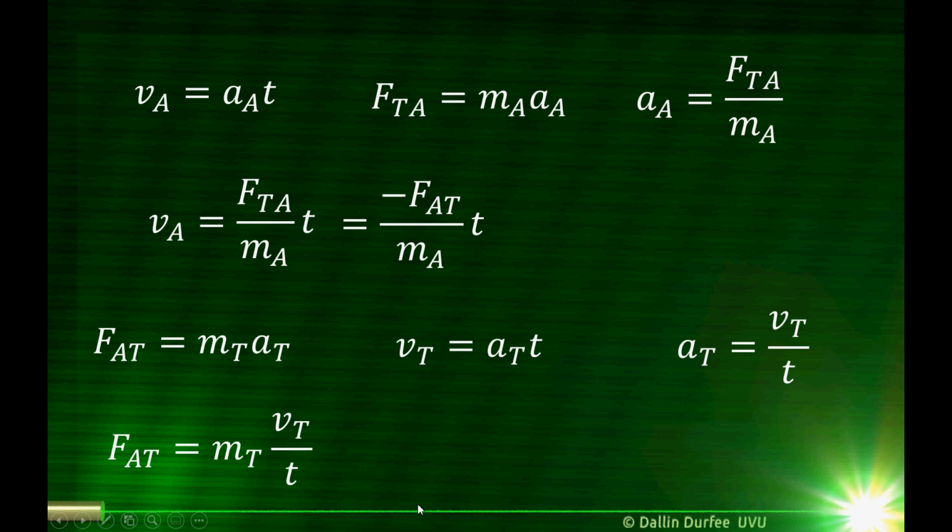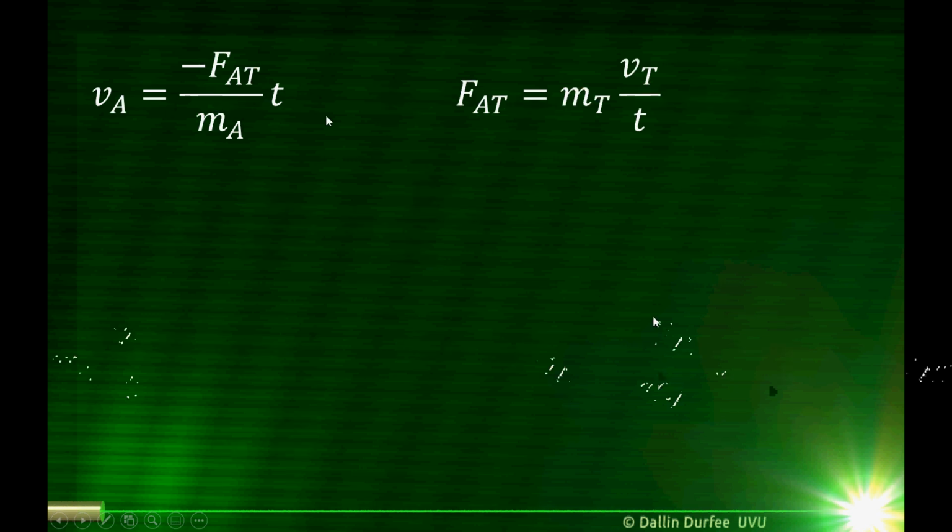So now we know the final velocity of Trillian, we know her mass, and we do know the time that Arthur pushed, so I can go ahead and plug that into this equation up here. So I know that the velocity of Arthur is negative the force of Arthur on Trillian divided by the mass of Arthur times time, right?